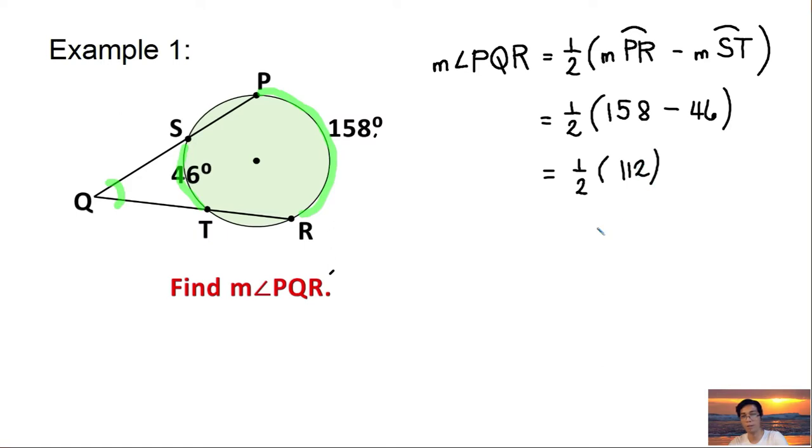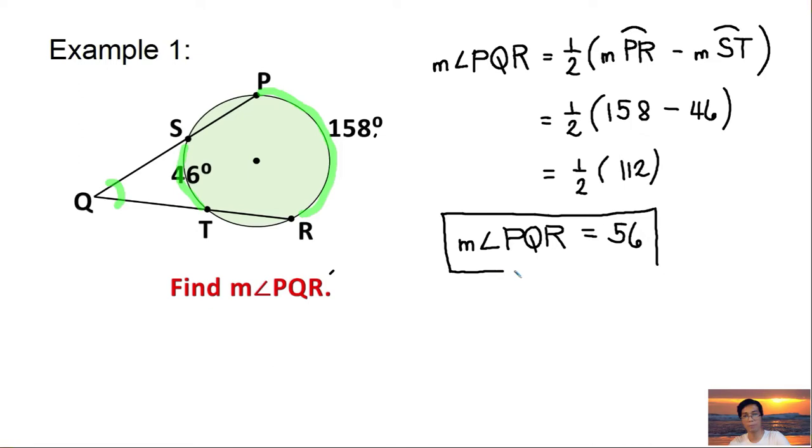Last step, kukunin na lang natin yung kalahati ni 112, or that's 112 divided by 2. So, therefore, the measure of angle PQR is equal to 1/2 of 112 is equal to 56. So this is now our final answer. The measure of angle PQR is equal to 56, applying our theorem.